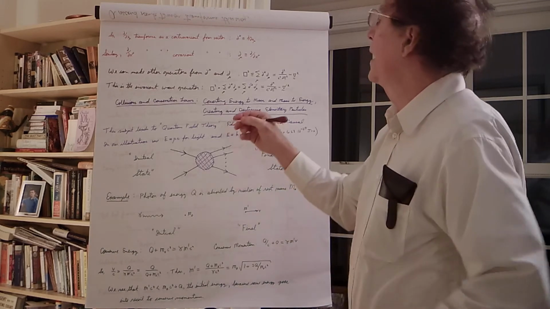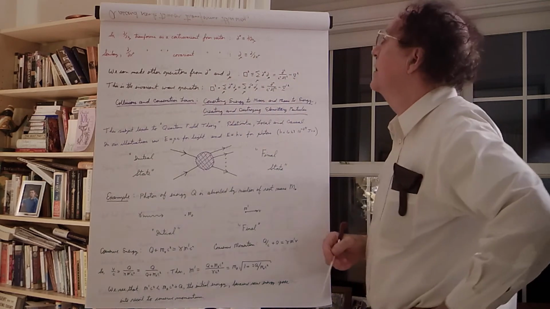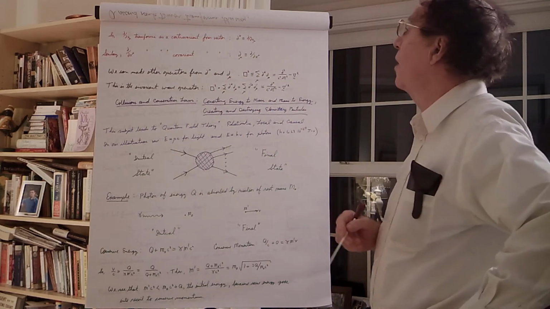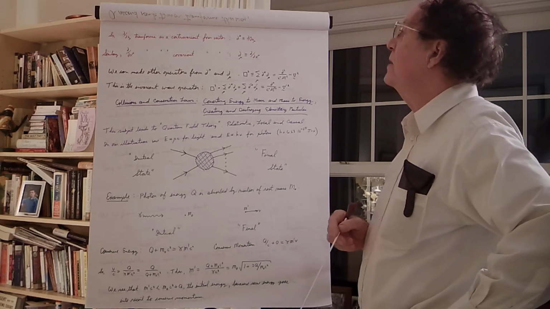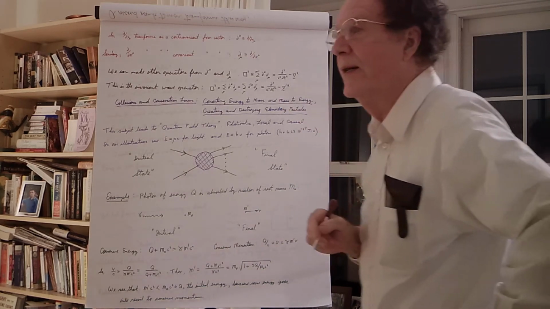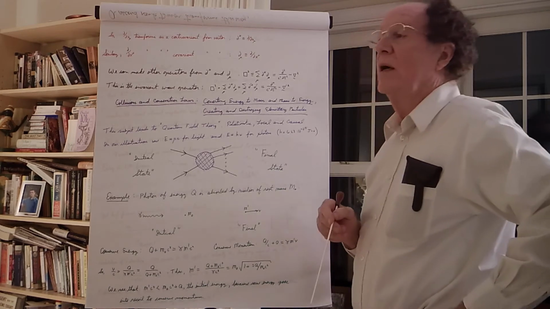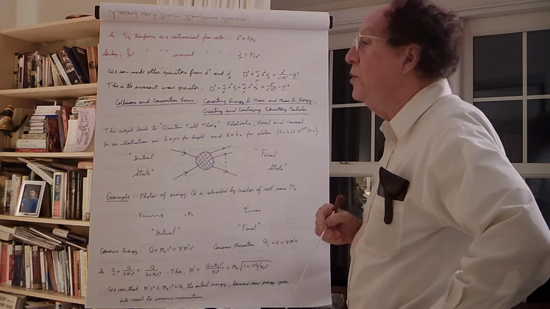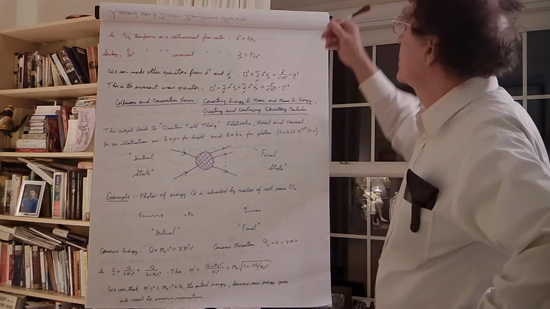I'll show you how key that is here. So for example, once I have these gradients, and I know that they transform in particular ways, I can make other operators out of them. In particular, I could take the dot product of this one with this one, and I know that if I take the product of them and sum over mu, I get an invariant operator. So let's do that.